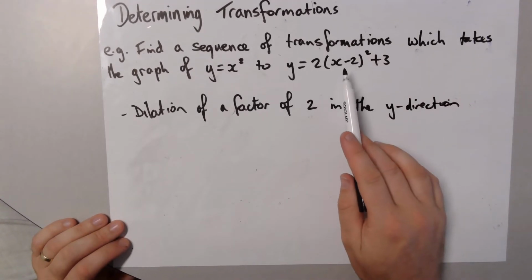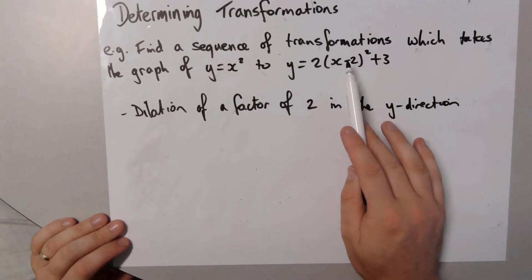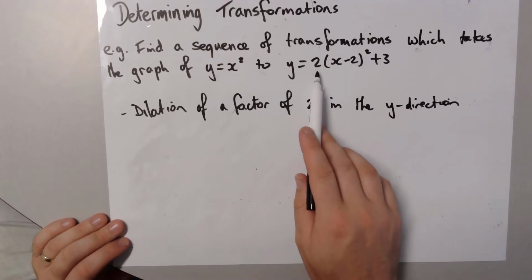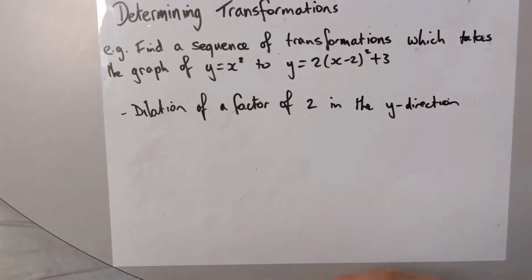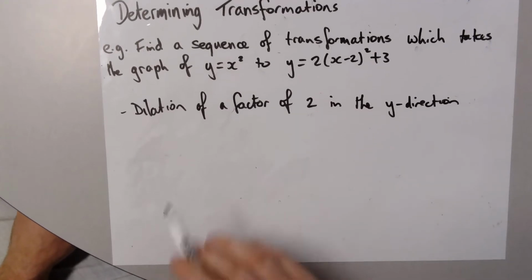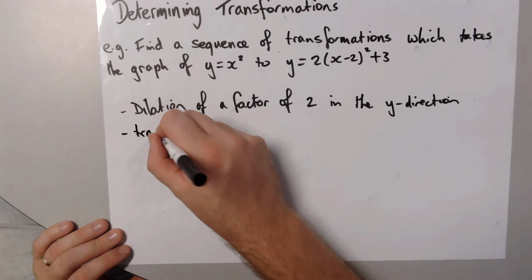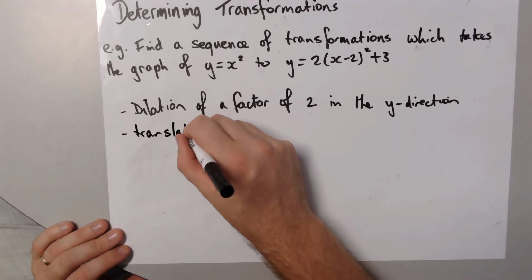Because once I've put my x value in and the function itself, the x squared part, has done its thing, it's then multiplied by 2. That's a stretch up, so I know it's in the y direction. Remember, if the 2 was inside, we would be saying by a factor of a half.